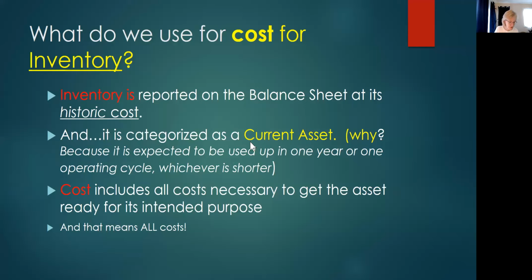Some of us like to stroll through a store and see different products. But as long as we have stores and we're walking through the stores, that inventory is sitting there, and it's a company who has spent money on something, which is cash going out, and they're waiting for customers to come along and buy it. And all the cost that's necessary to get the asset ready for its intended purpose.